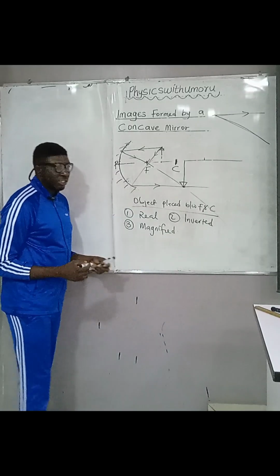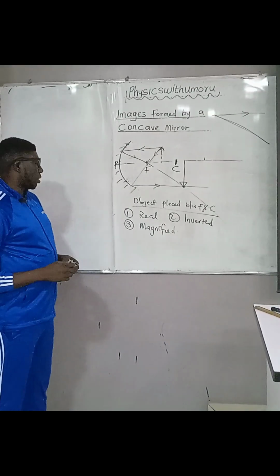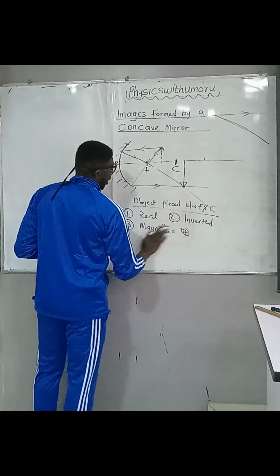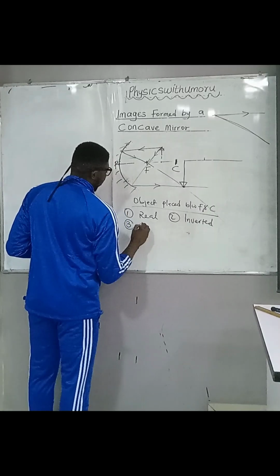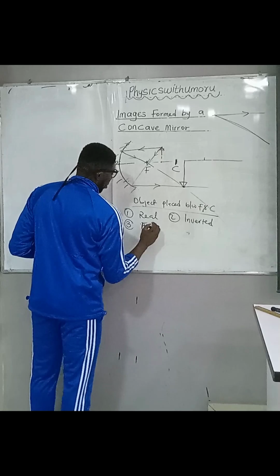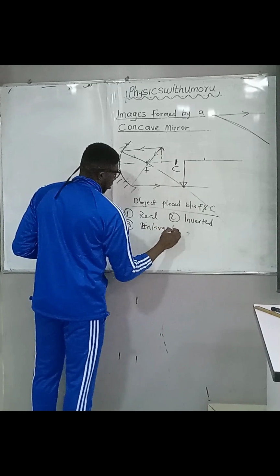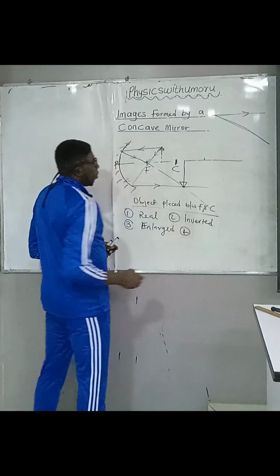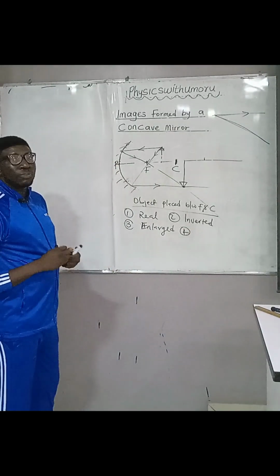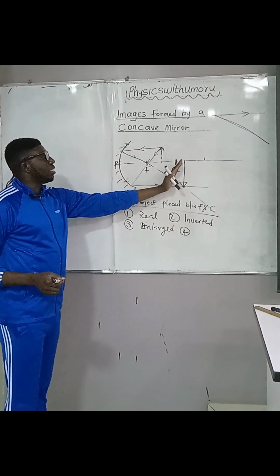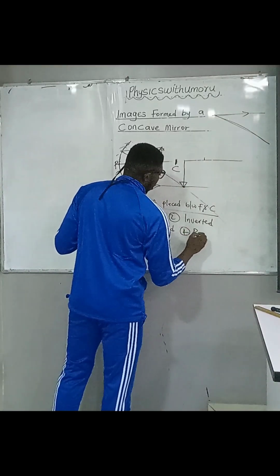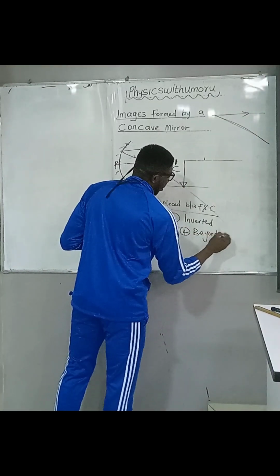The image is enlarged. And number four, where is the image formed? You notice that the image is formed beyond C. So the image is formed beyond C.